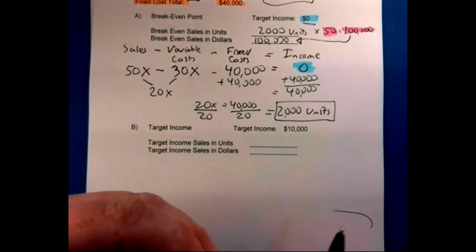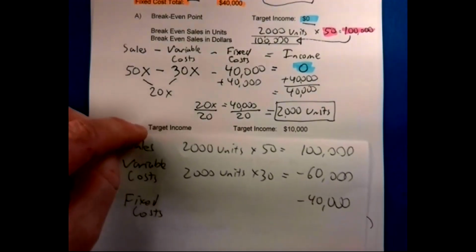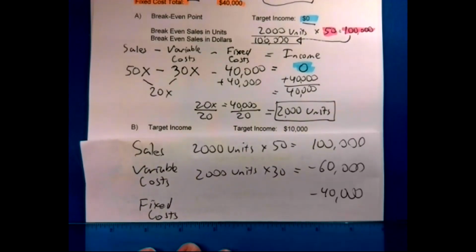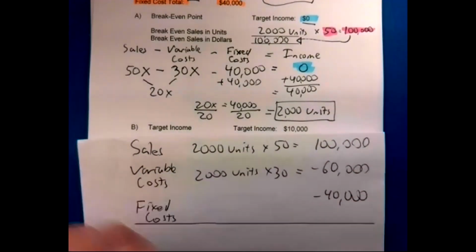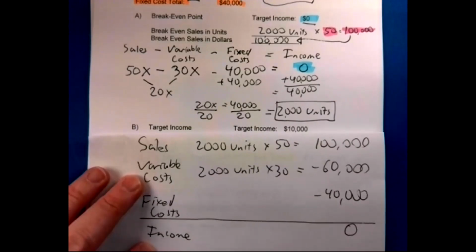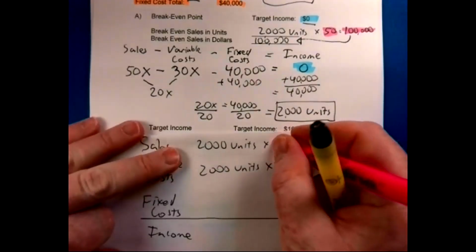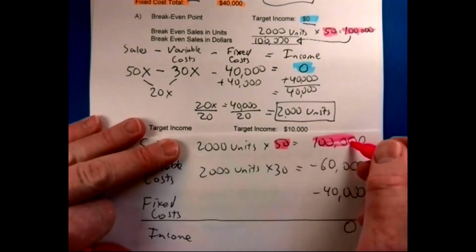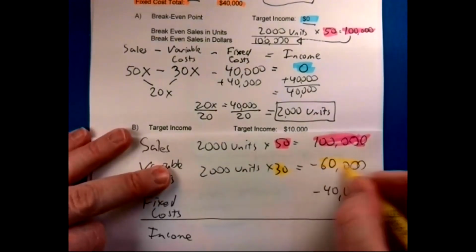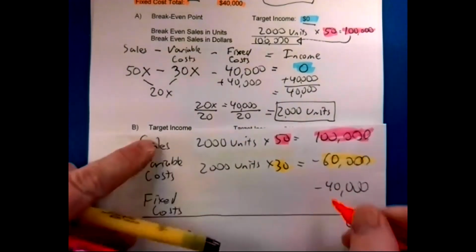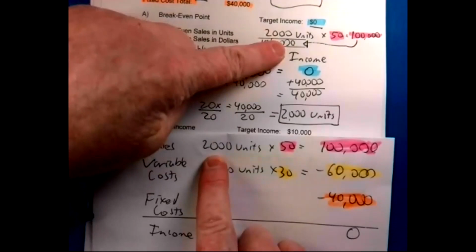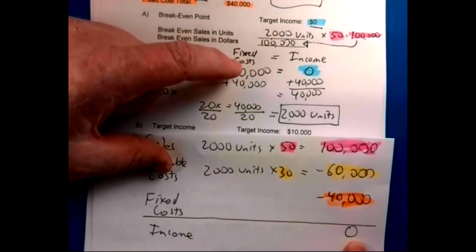So what they're really saying is, look, it takes 2,000 units. We calculate this 2,000 units to have income of 0.